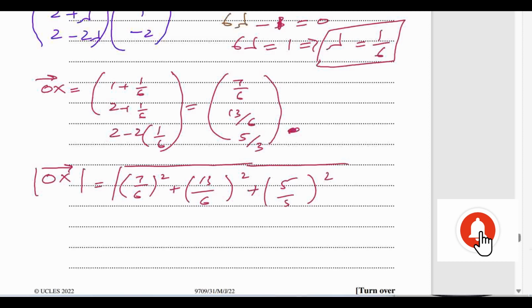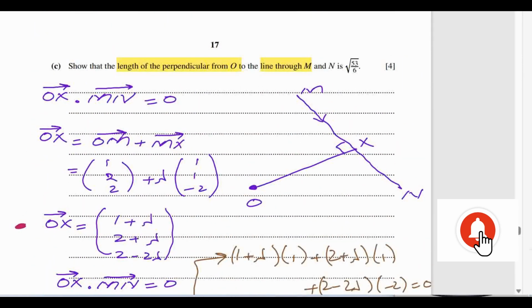If we further simplify it, the magnitude of vector OX will be equal to square root of 53 by 6. You have to give your answer in this form because the question asked for this.